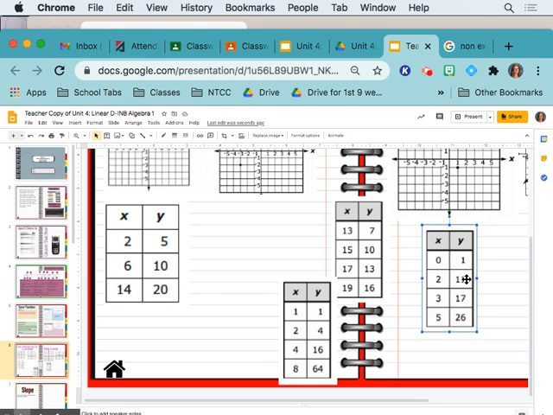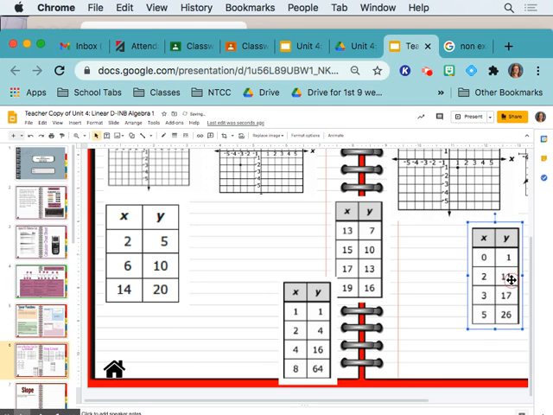Okay, so we have 10, 6, 9. And then the x's went up by 2, and then 1, and then 2 again. Did it follow the same pattern? No, because that was 10, 6, 9. This was 2, 1, 2. So the ones that went up by 2 should have the exact same increase, but it was 10 and 9. So this is nonlinear.